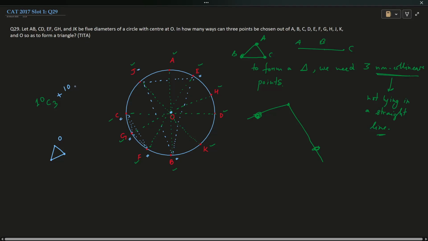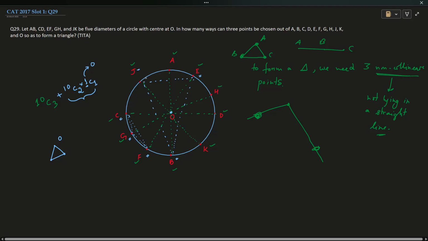So I will write 10C2 into 1C1. This 1 is basically the point O. I have one point, and out of that 1 point, I am selecting 1 point, and that can be done in only one way.